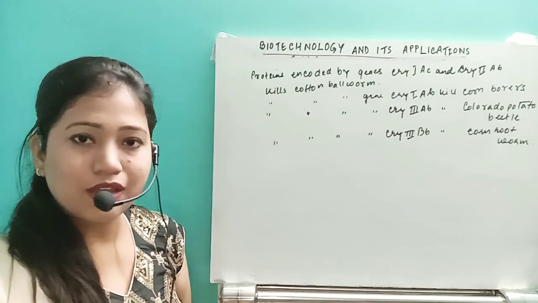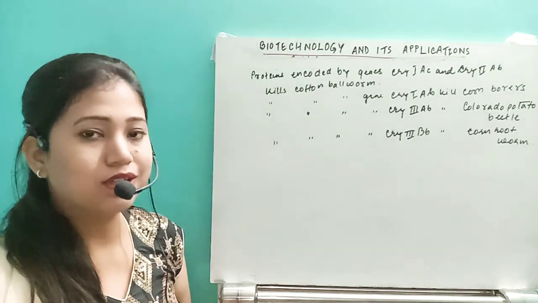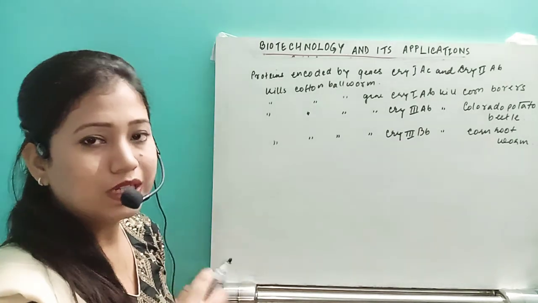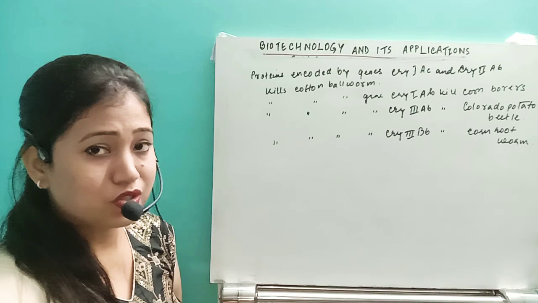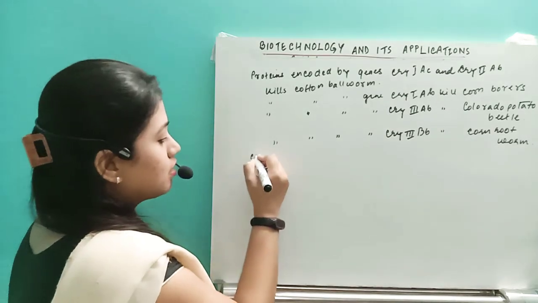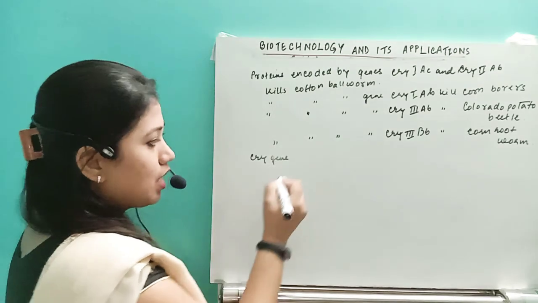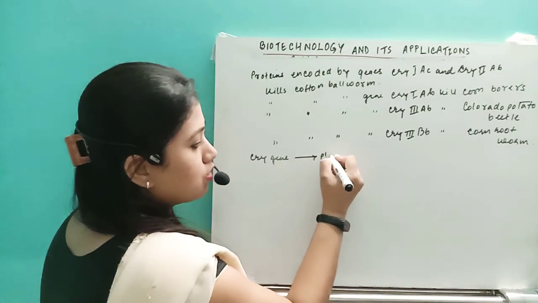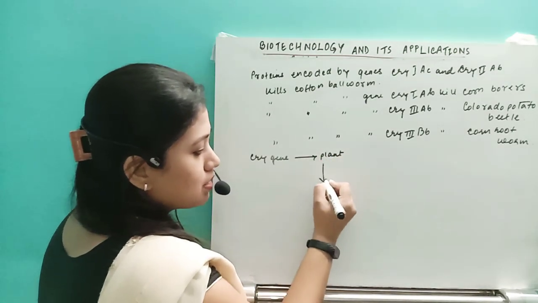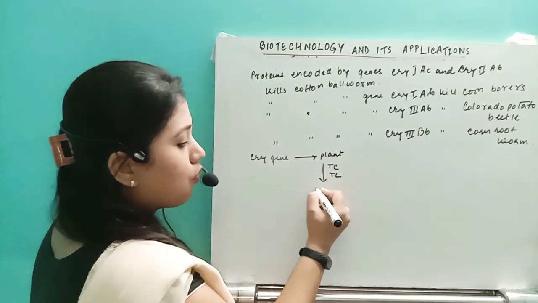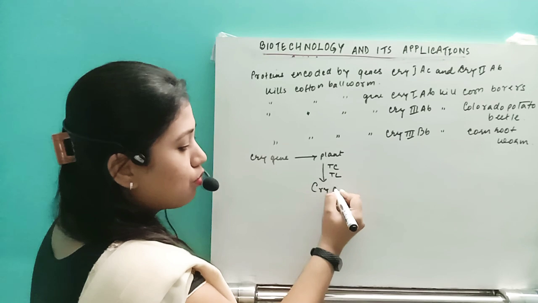So once again I will tell you how this cry gene actually works. From the bacteria Bacillus thuringiensis, one gene, that is the cry gene, is extracted. This cry gene is introduced into the plant. In the plant it is transcribed and translated to form the Cry protein.